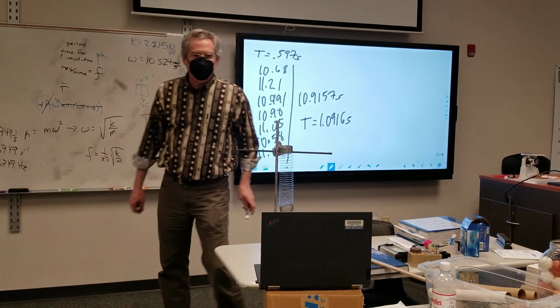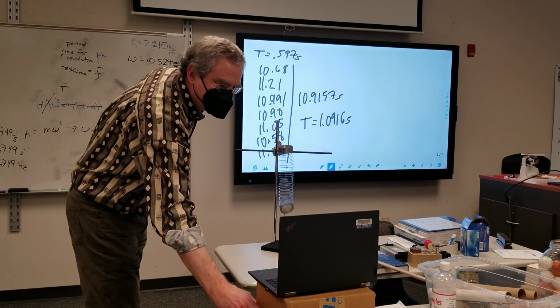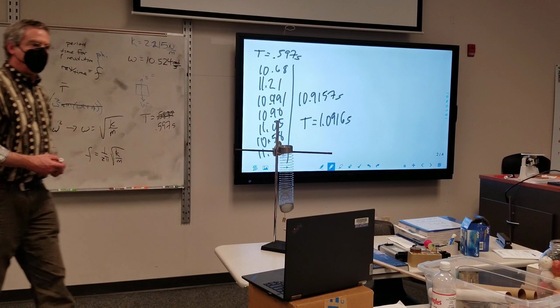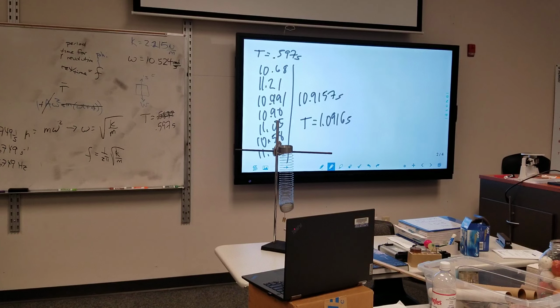All right, so let's see, what do we know? Spin this around again. We had K, we did by 0.02 times 9.8 over the mounted stretch, which was 0.0885, and that was 2.215 per meter.